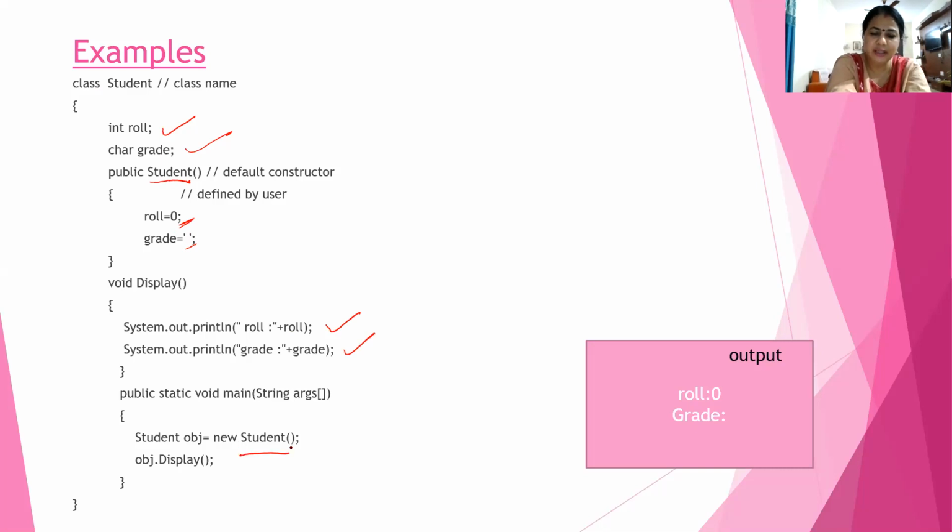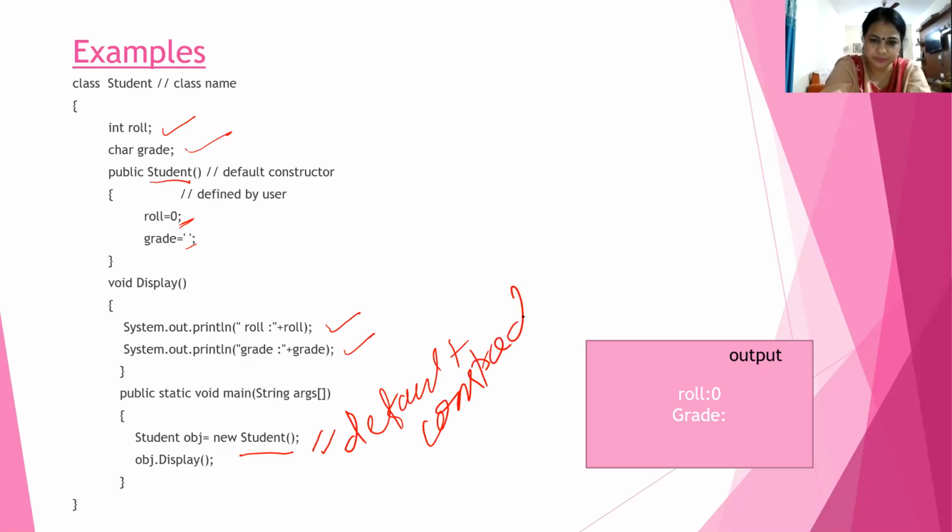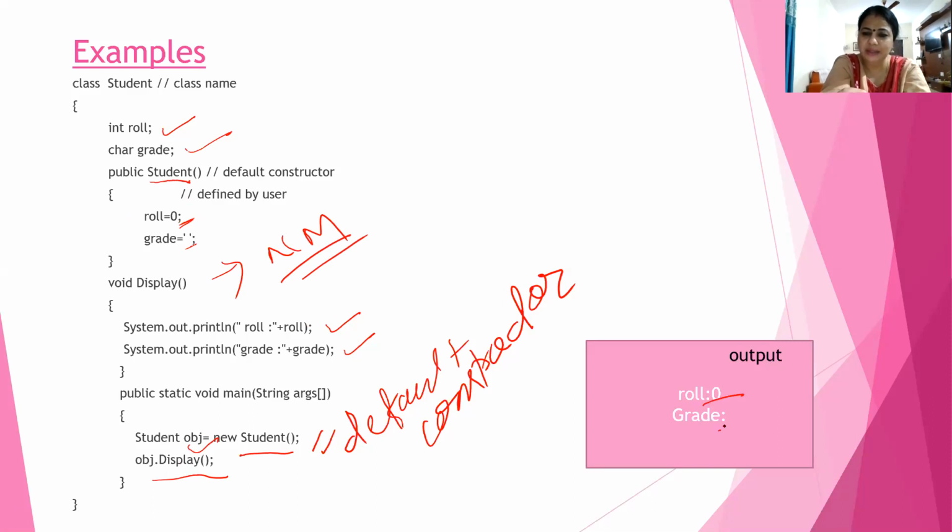Here you see the default constructor is active. Then the object is created, and the instance variables, roll number and grade, associated with the object are initialized to 0 and blank. When we call the normal method through the object, it shows the roll number and the grade, and the output will be 0 and nothing.